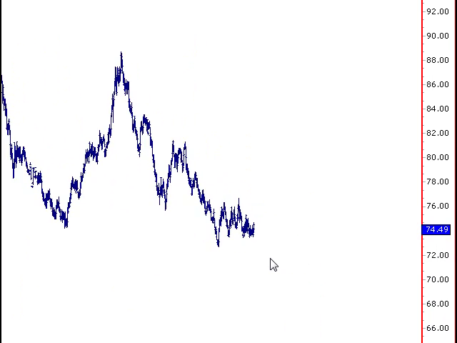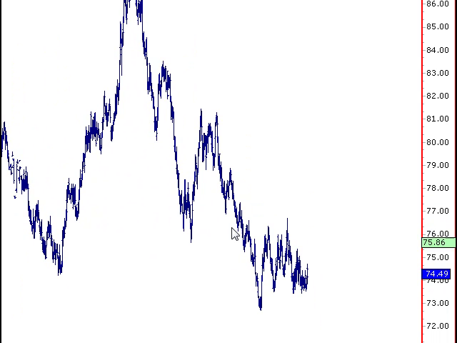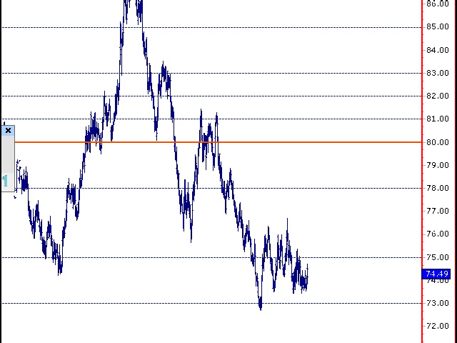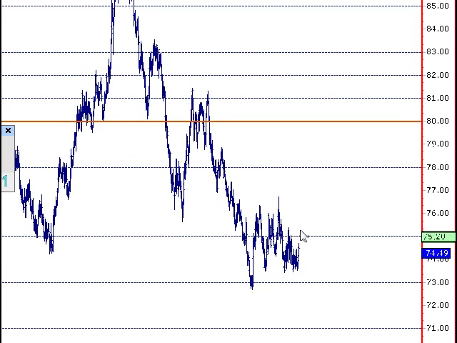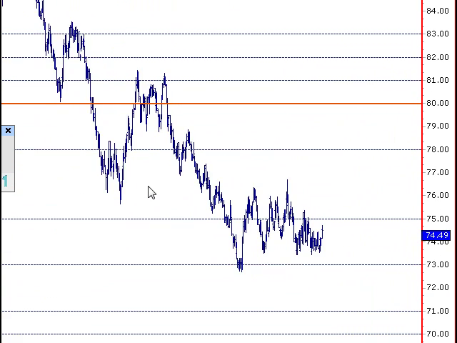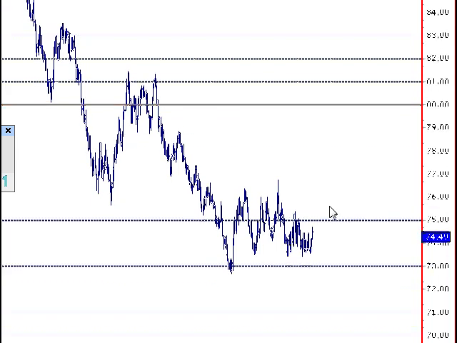But if it is correct here, then looking at the levels here, we'd be looking for this 80 up here to be taken out, and we'd be looking for 70. As soon as 75 became the support, then we would have something quite concrete there, and that's where you can certainly trade to that point.